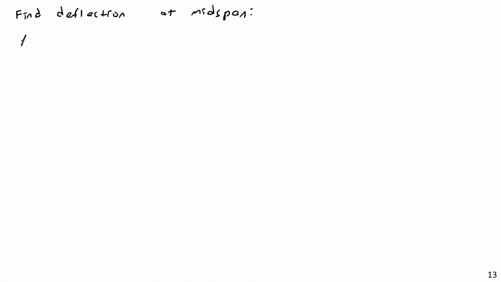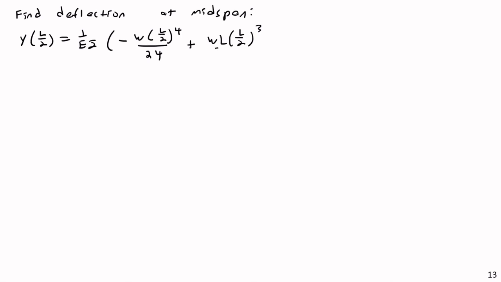Y at L over 2 is equal to 1 over EI times negative W times L over 2 to the 4th power divided by 24, plus WL times L over 2 quantity to the 3rd divided by 12, minus WL squared times L over 2 quantity squared divided by 24.